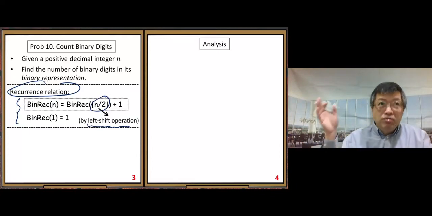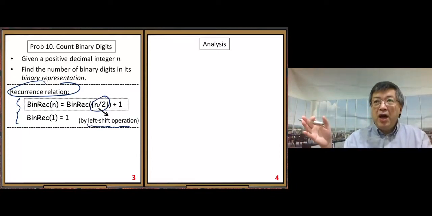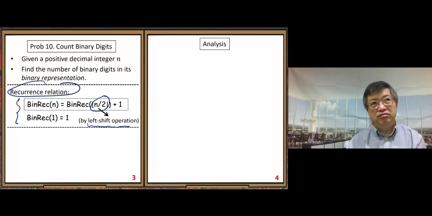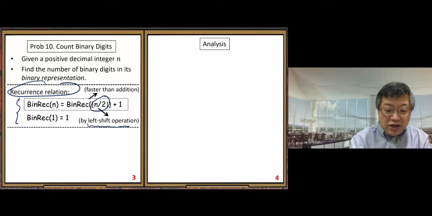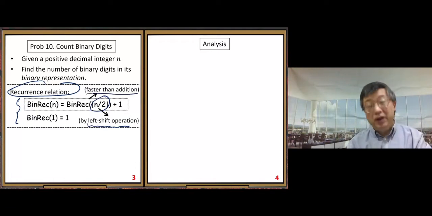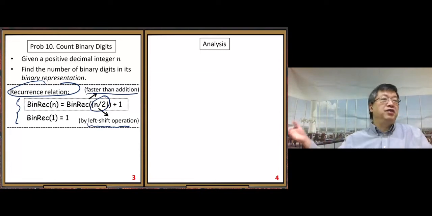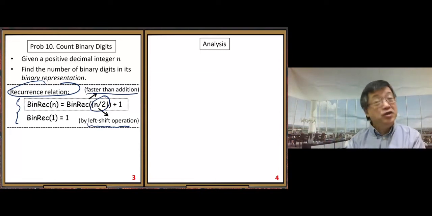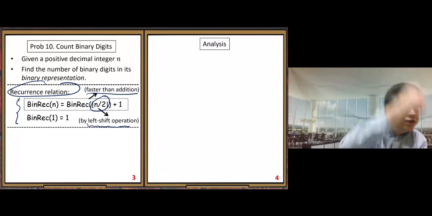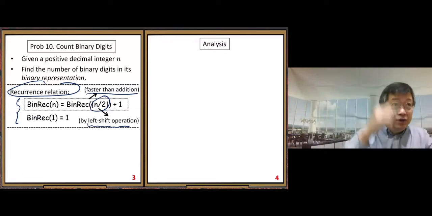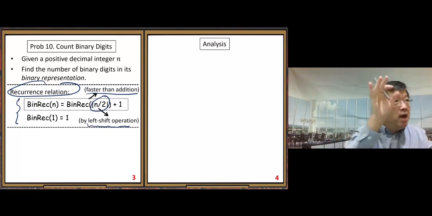That is much, much faster than the regular division. Actually, it is even faster than addition. We know addition is pretty fast, but the shift operation is even faster. For addition, you can think about how many operations you need to do, right? You need to manipulate many digits.